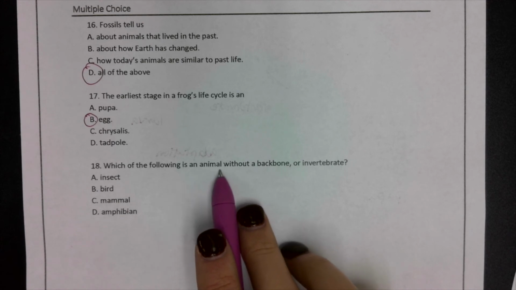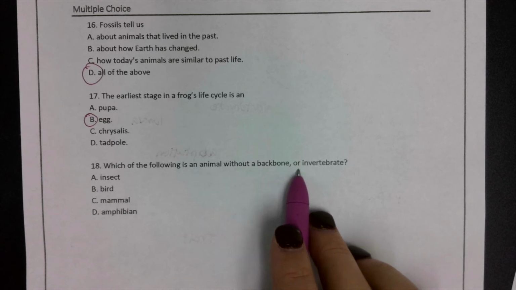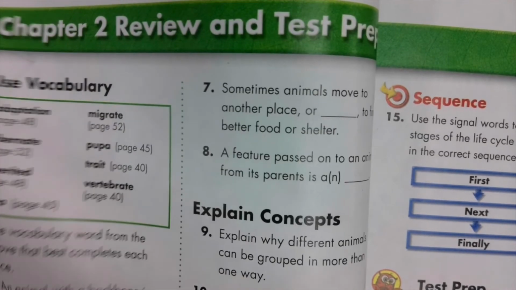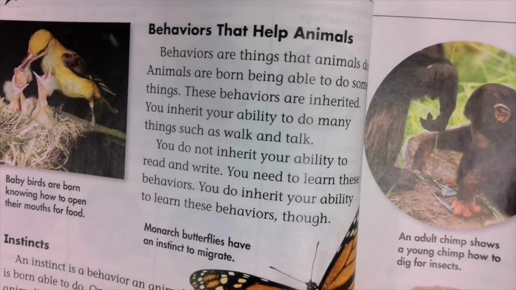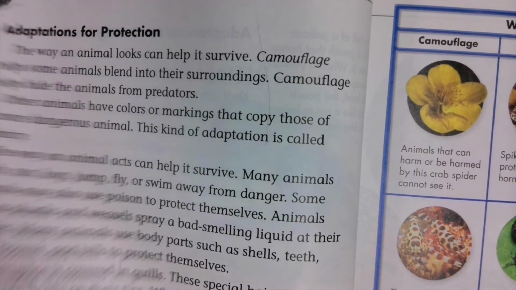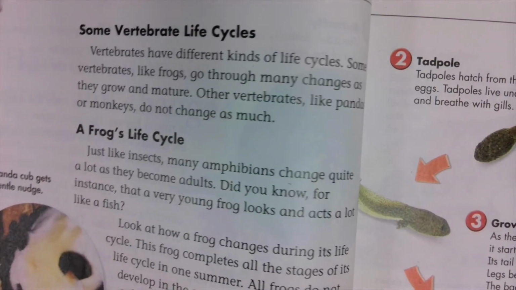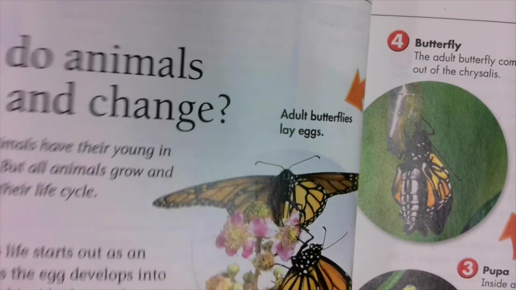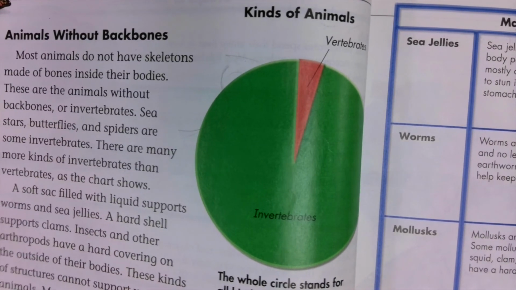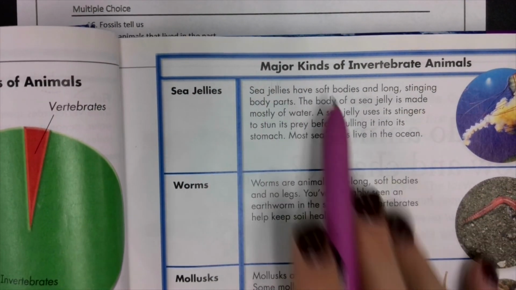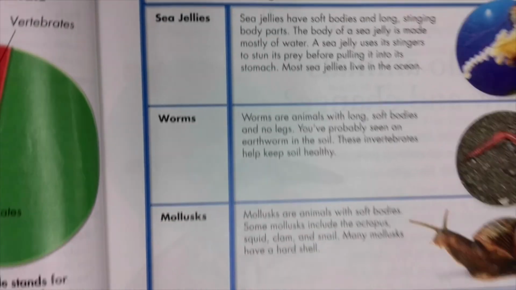Which of the following is an animal without a backbone, or invertebrate? Well, let's go in our books to the page that we talked about, invertebrates. That was way back in lesson 1. Here we go. Major kinds of invertebrate animals.